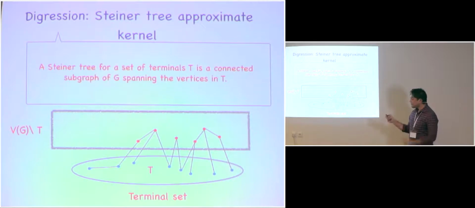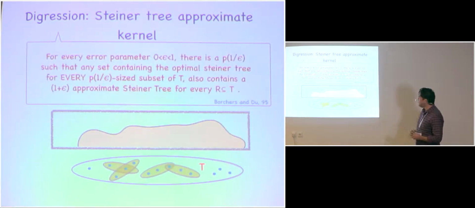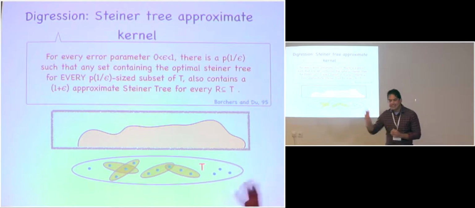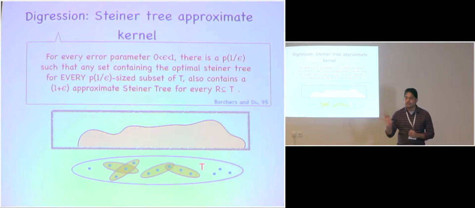And here's a quick reminder for people who zoned off then. If you remember, I mentioned that in 1995, Watchers and Du gave a 1 plus epsilon approximate polynomial kernel for Steiner tree. Don't read this. Just listen to me when I say this, that all you need to do now is take that 1 plus epsilon approximate kernel for Steiner tree and replace your greedy routine that you used in connected vertex cover with this 1 plus epsilon approximate polynomial kernel.